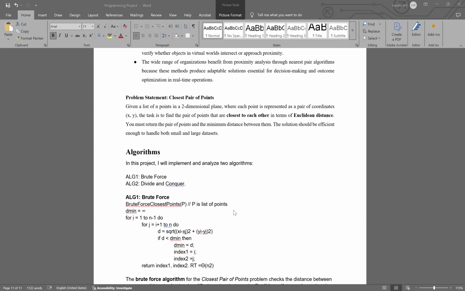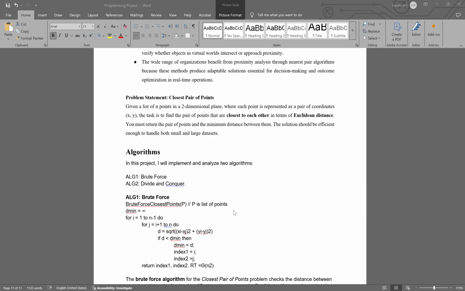As we already know, in a brute force approach, we try all the possible scenarios in the problem. So here we are considering a single point, and then we are finding the distance with every other point present in the two-dimensional plane using the Euclidean distance formula.